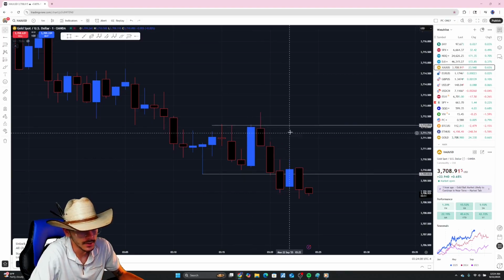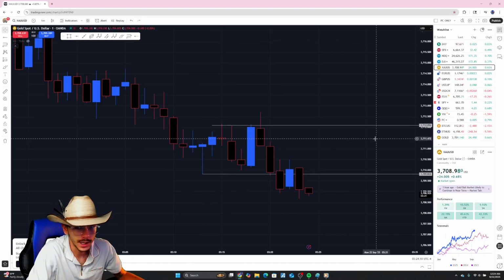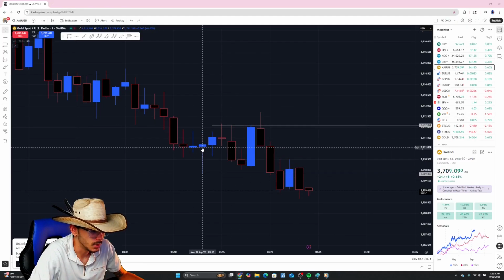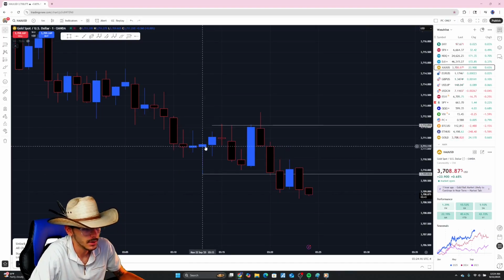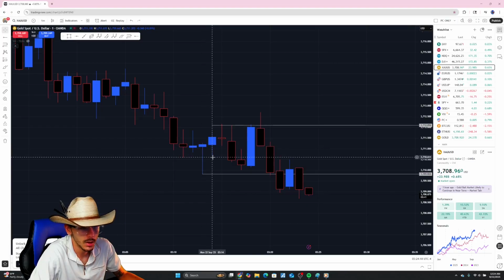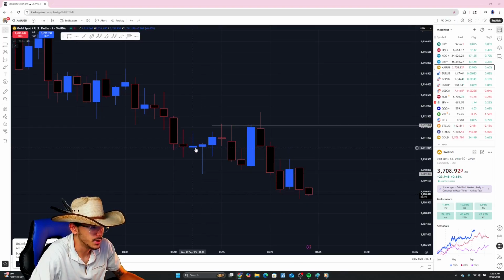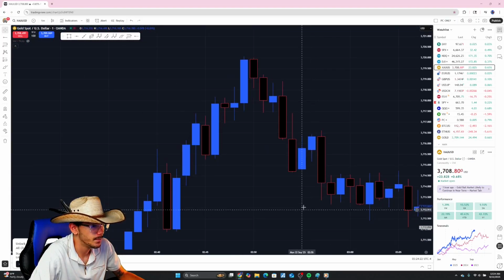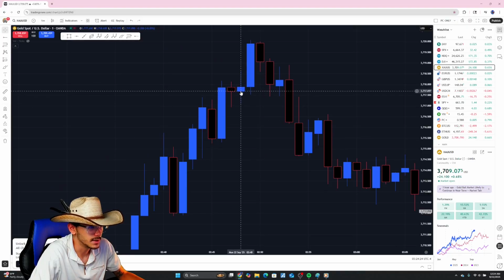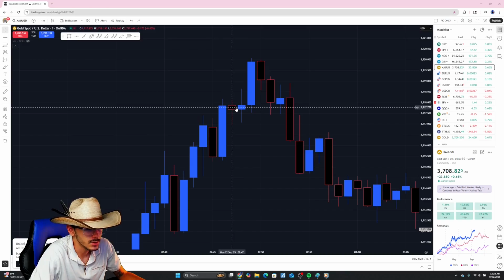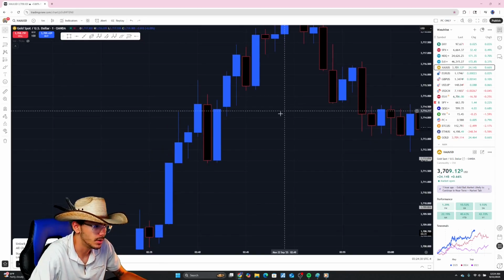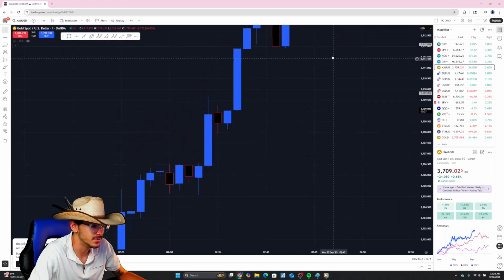So full body, okay. And then there's doji candles, like this one, where the wick is significantly longer than the body. Okay, the body small. This would also be a doji. This would also be classified as a doji. Some people call these hammers. Hammer, doji, it really doesn't matter.